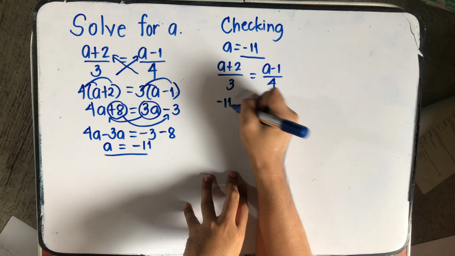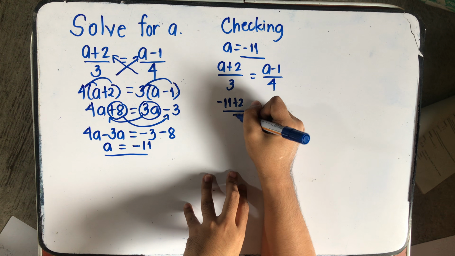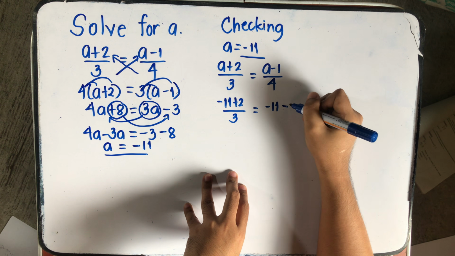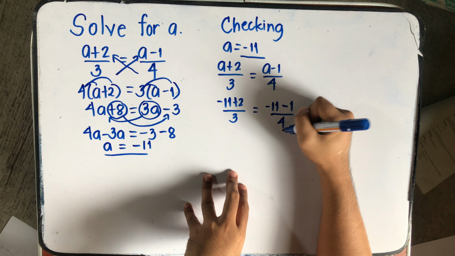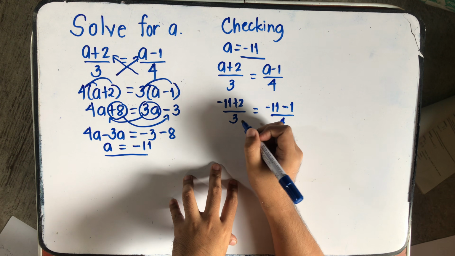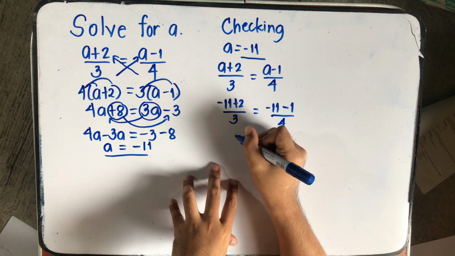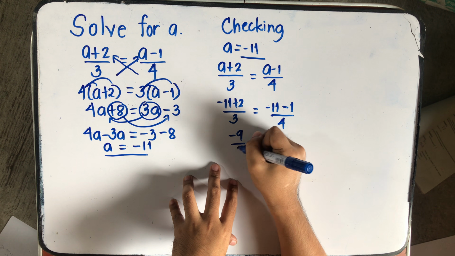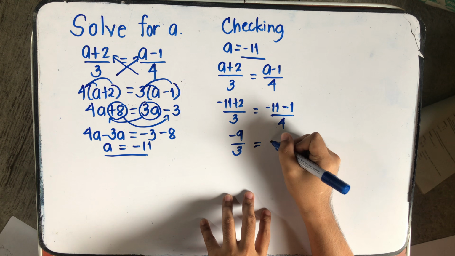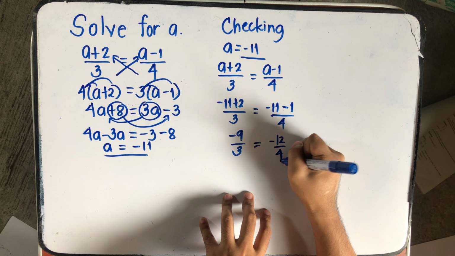This becomes (-11 + 2)/3 is equal to (-11 - 1)/4. If this is negative 11 plus 2, we will be having negative 9 over 3 is equal to negative 11 minus 1, which is negative 12 over 4.